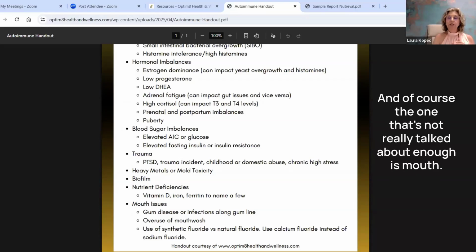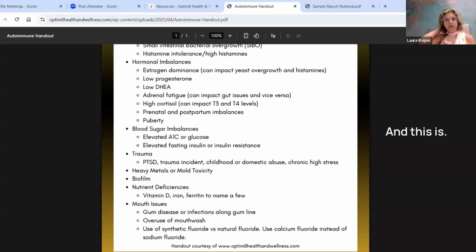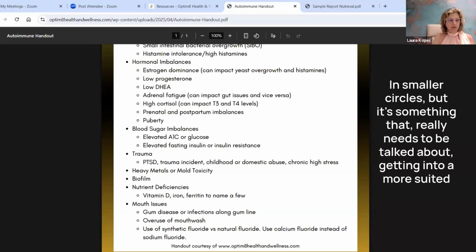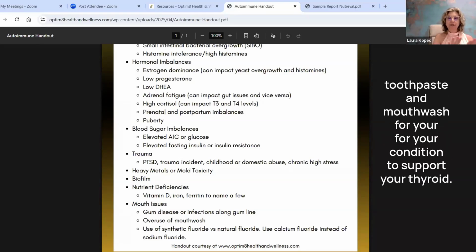And of course, the one that's not really talked about enough is the mouth. This is in smaller circles, but it really needs to be talked about: getting into a more suited toothpaste and mouthwash for your condition to support your thyroid.